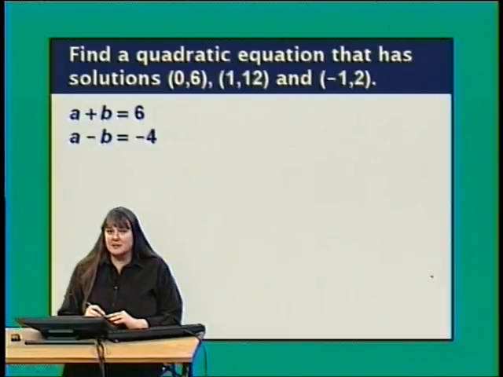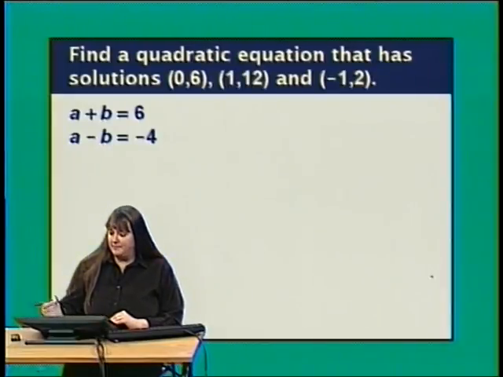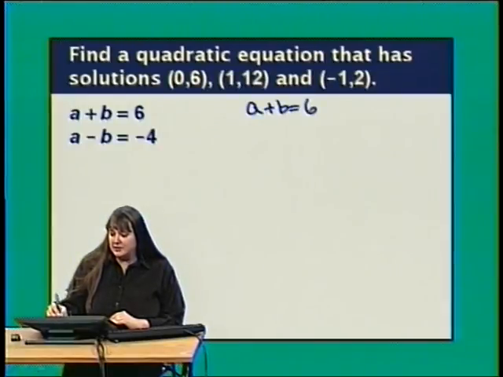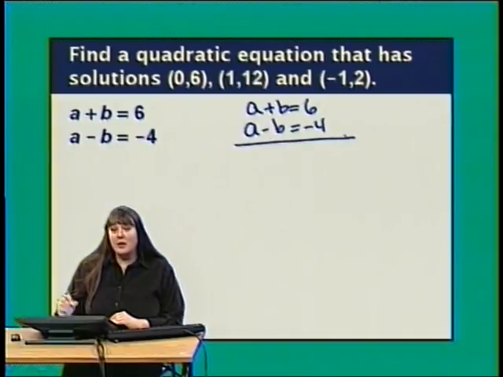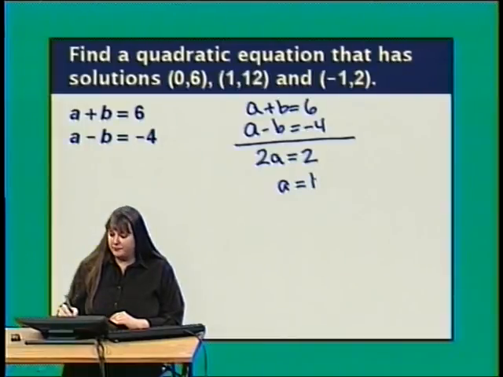So if I add the respective sides of the equations together, the variable b will be eliminated. So I have a plus b equals 6, and I have a minus b equals negative 4. Adding the respective sides together, I have 2a equals 2, which tells me that a equals 1.